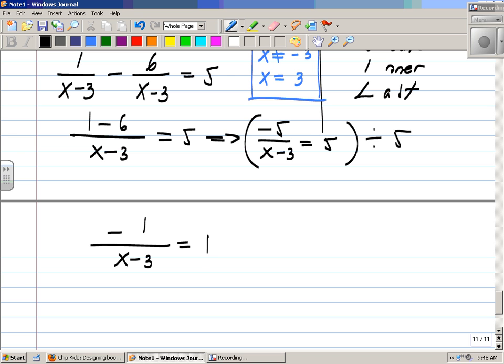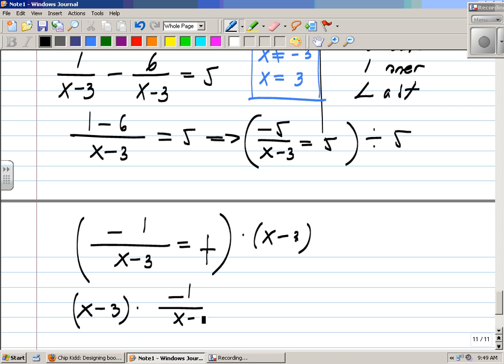Because negative 5 divided by 5 is negative 1, and 5 divided by 5 is 1. And now you just multiply everything by x minus 3, or you can say you're doing the cross product, because this 1 is nothing else but 1 over 1. It's up to you. I have x minus 3 times negative 1 over x minus 3 on the left side. On the right side, I have x minus 3 times 1, which is x minus 3.